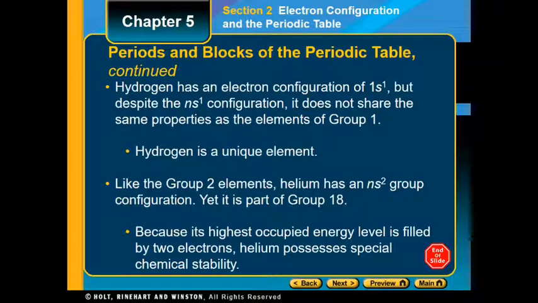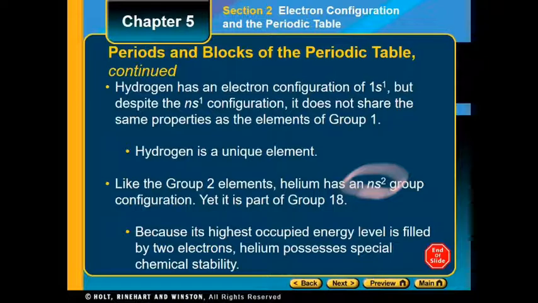So now for our group 2 elements, again, the alkaline earth metals. We have a general configuration here for these two, and that is going to be ns2. And again, helium is over there with part of group 18. It's very special, but because the highest occupied energy level is filled for helium, helium possesses its own special chemical stability.